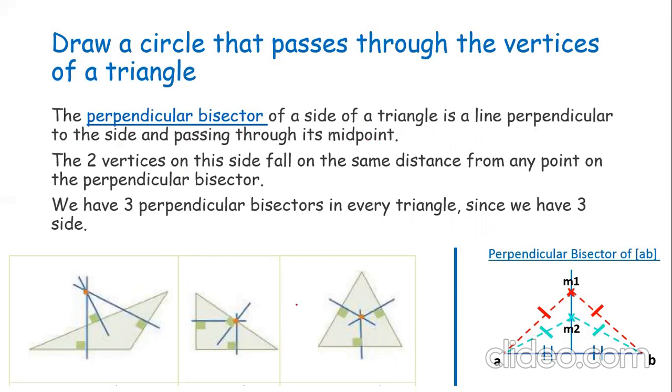So let's forget about this for a while and see this shape here. If I consider AB to be one side of the three sides of a random triangle, then if I measure the length of this side AB and divide it by 2, I choose a point, let it be M, that falls in the middle of AB, and from this point I draw a vertical line, in other words, a line that is perpendicular to the side AB.